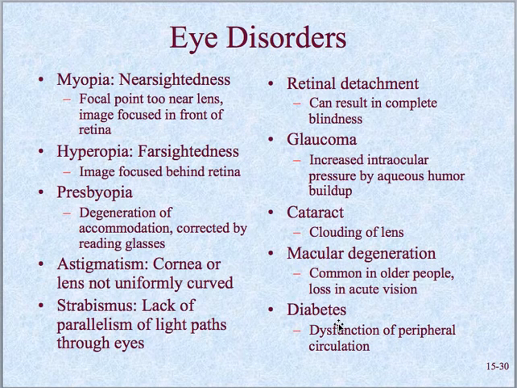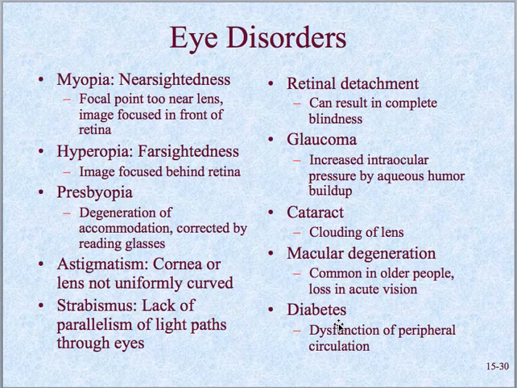In terms of eye disorders, shown here, I want you to be familiar with the different terminologies and the clinical deficits associated with these visual dysfunctions. Okay, a good example is astigmatism.